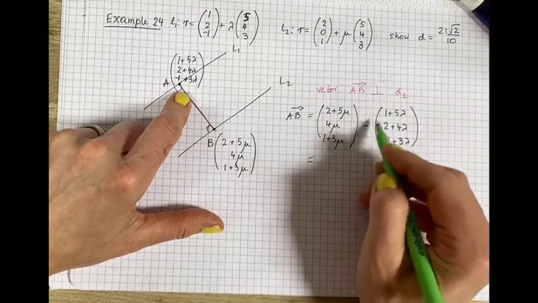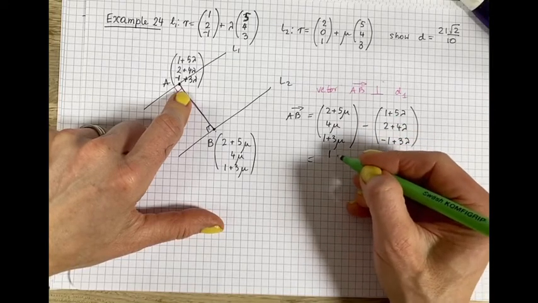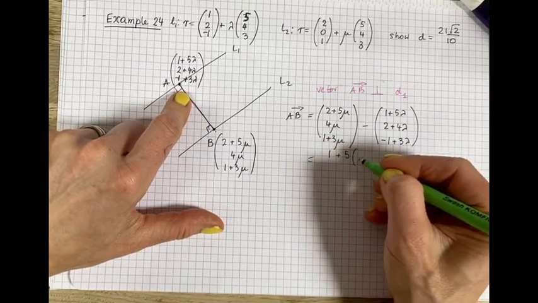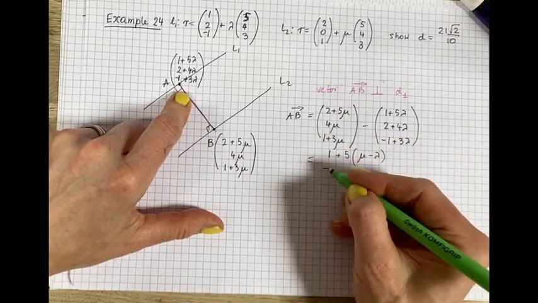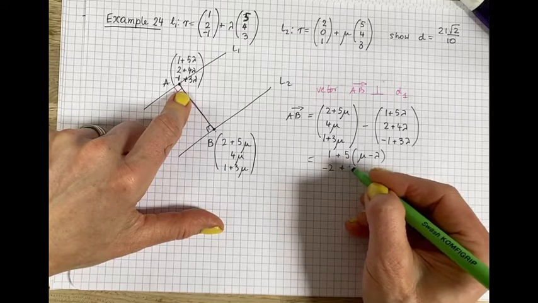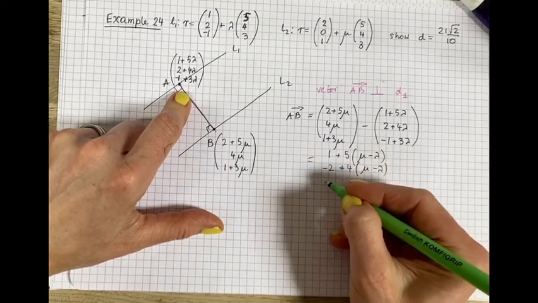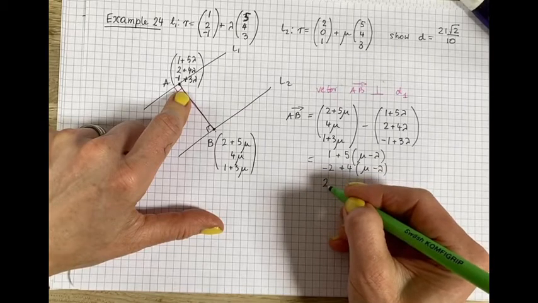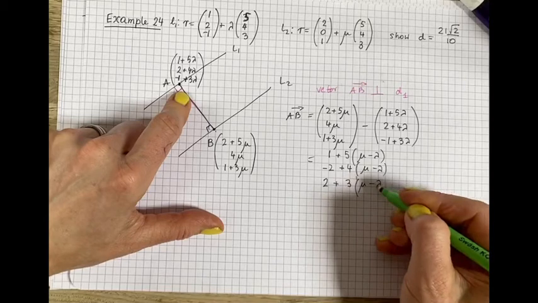So we've got 2 minus 1, which is 1, plus 5μ minus 5λ, and then you've got -2 plus 4μ minus 4λ, and then we've got 1 plus 1, which is 2, plus 3μ minus 3λ.